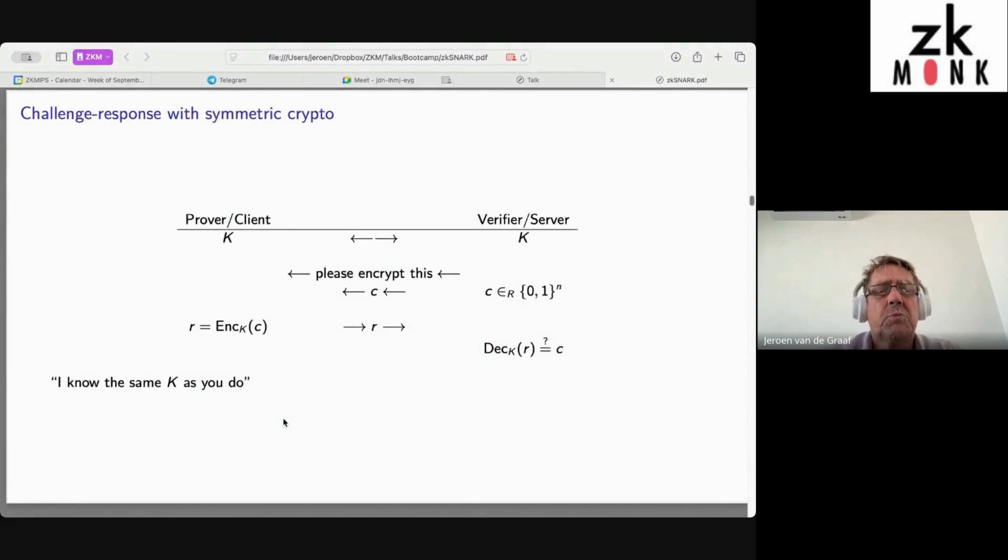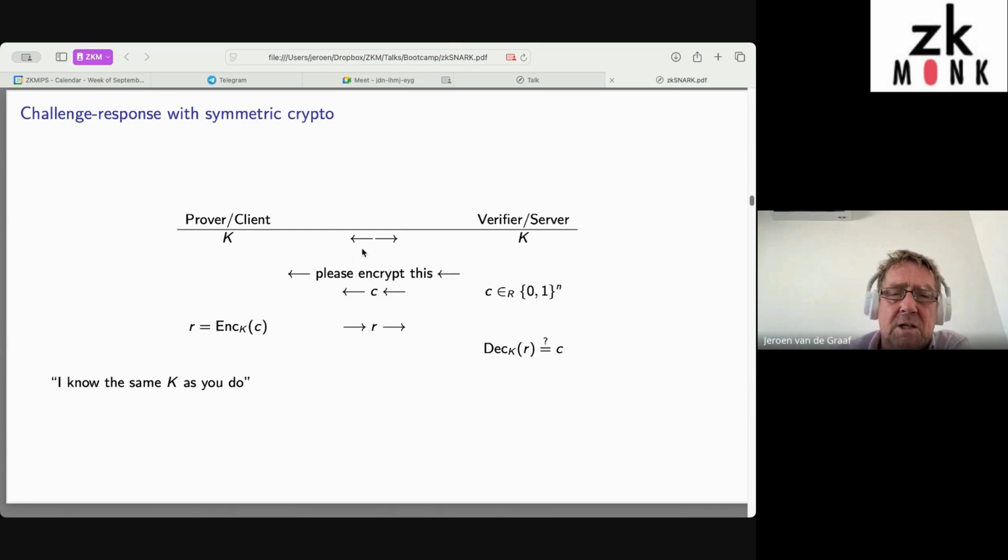What we see in this protocol is that the client shows to the server, or the prover shows to the verifier, that it knows a secret key K, but this is not sent in plain to the channel.